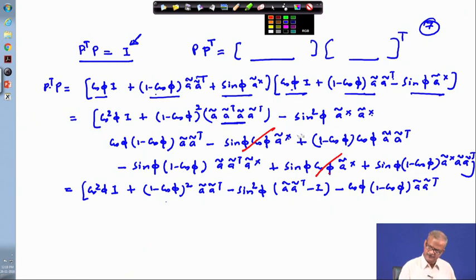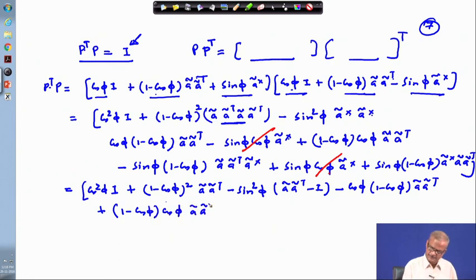So, we have noted till this extent cos phi 1 minus cos phi A tilde, this term goes, then plus 1 minus cos phi times cos phi, and then we have this term here, minus sin phi 1 minus cos phi, but we have to check whether these are cancelling or not.